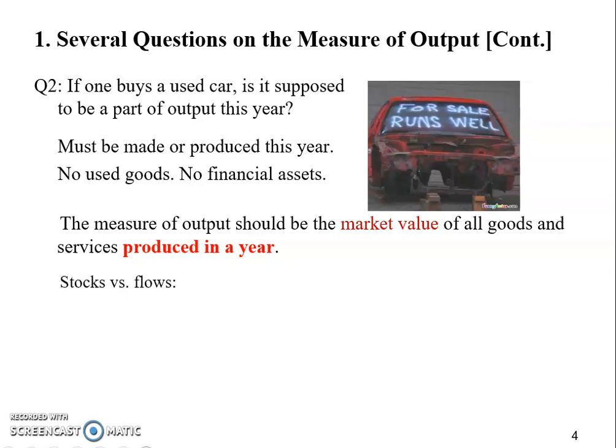Here, to use a different way to demonstrate why used goods are not going to be included, let me show you the difference between stocks and flows. In other words, there are two types of variables which capture two different things.